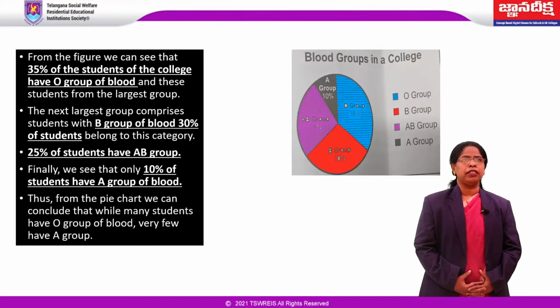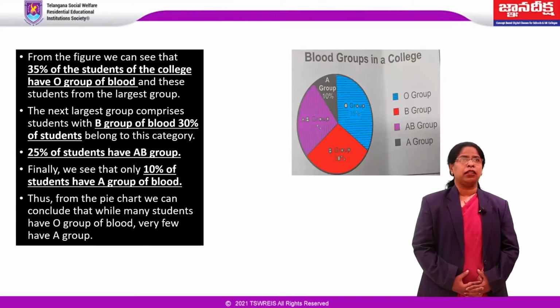From the picture, we can see that 35% of the students of the college have O blood group, and these students are the largest group in the college.